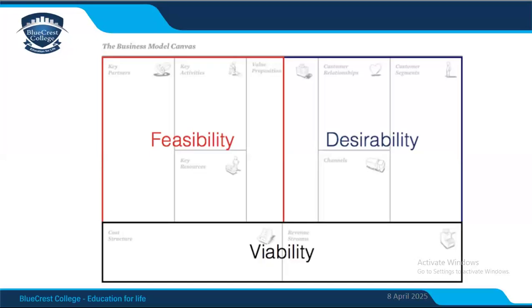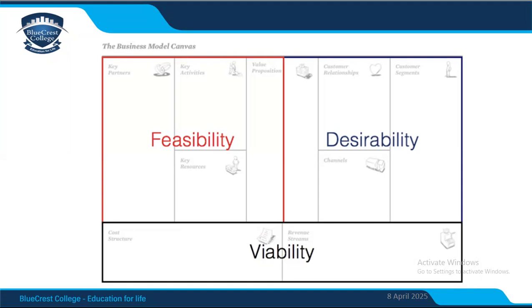And you will notice that the key partners, your key activities, the value proposition, and then your key resources constitute the feasibility aspect of your business, right? Then your customer relationships, the customer segments, and then your channels constitute the desirability aspect of your business. And then your cost structure and revenue streams constitute the viability.